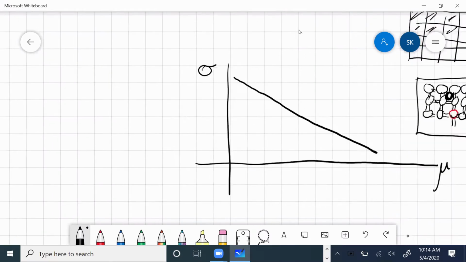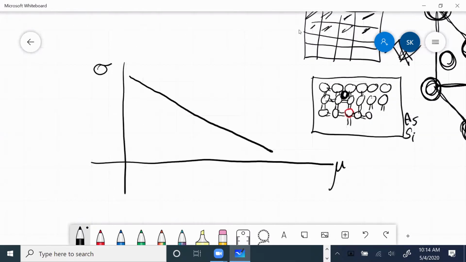The actual curve, let me draw it here, is like this. The conductivity at very low mobility is low. Then it reaches an optimum value at a certain conductivity, which means a certain dopant, a certain number of carriers. At that point, the conductivity is optimal.